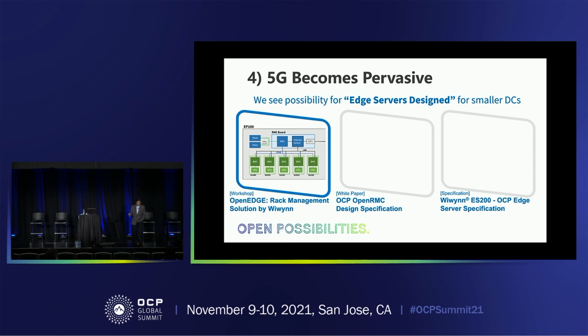So all these are challenges that come with 5G. To address these challenges, we need to have systems that can work to overcome them. And the systems that we are going to be talking about here are the EP100 and the ES200.